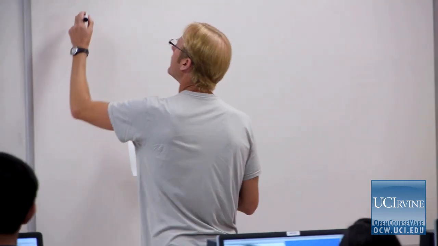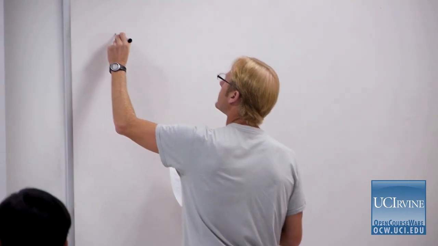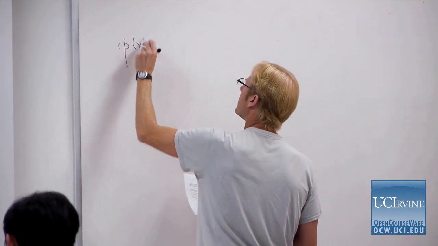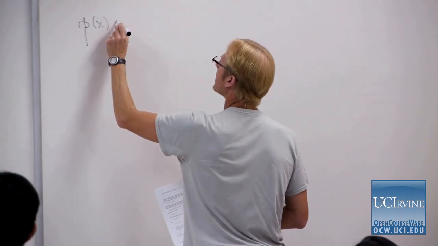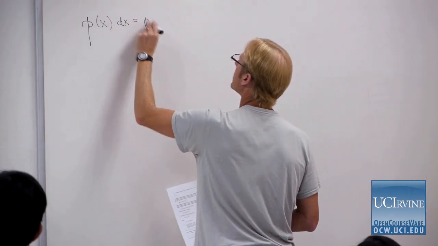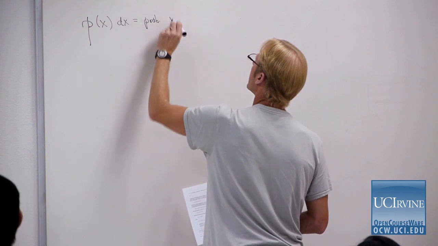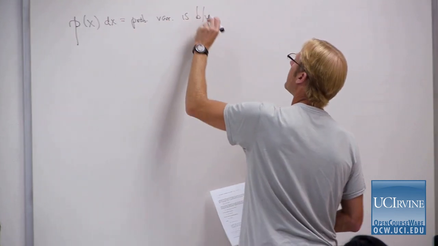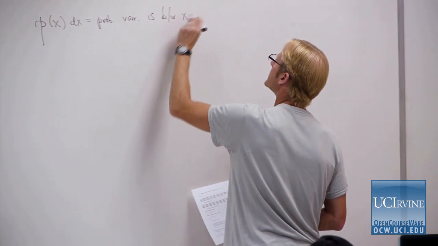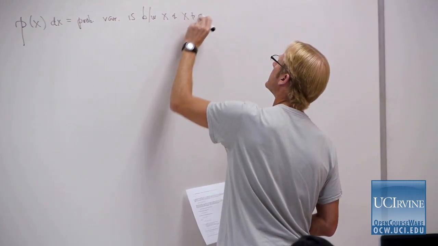Okay? So the idea is that we're going to have a probability density, which I'll call P of x. And if I multiply it by dx, that's the probability that the variable is between x and x plus dx.